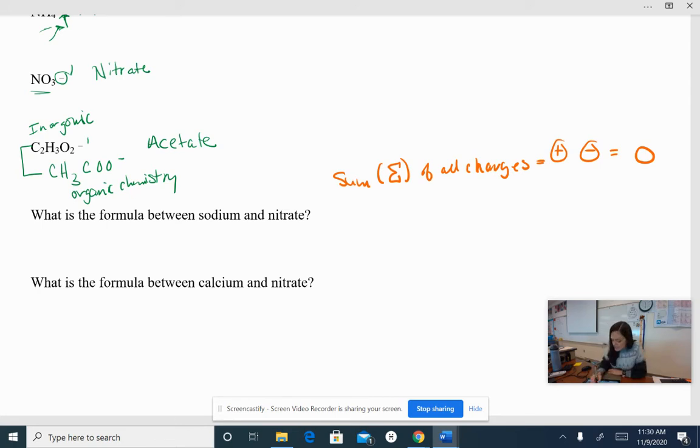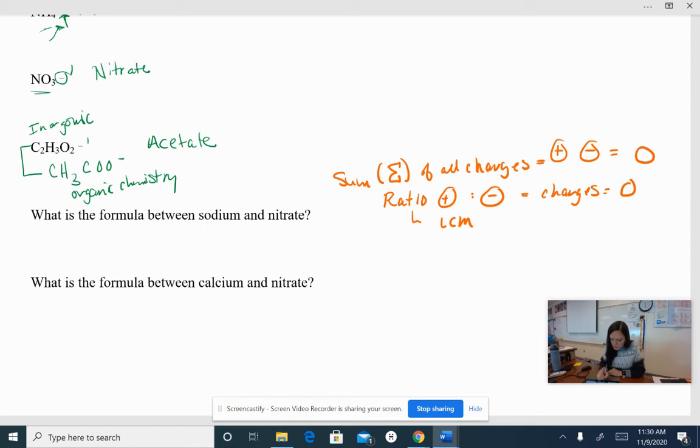So even with these polyatomics, we need to figure out what the ratio of that positive ion has to be with the ratio of the negative ion so the charges add up to 0. Okay? And to find that ratio, we are still going to take the charges and find the least common multiple between the positive and the negative charges. Okay? So let's do a few.